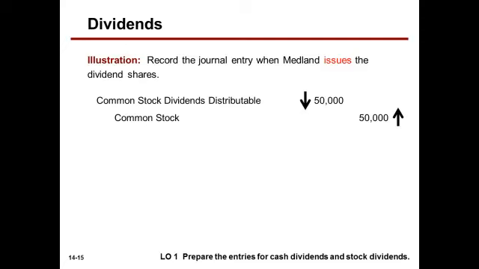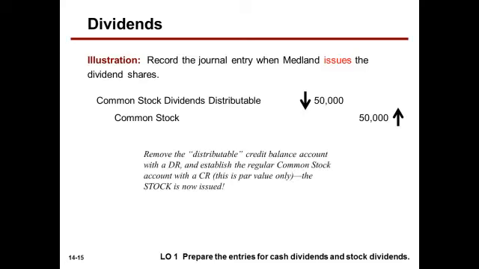So we're increasing the common stock account and bringing down the dividend distributable account in this entry. We're removing the distributable credit balance with a debit and establishing the regular common stock account with a credit. This is par value only. The stock now is issued. The previous entry crediting the additional paid-in capital account stands as is.